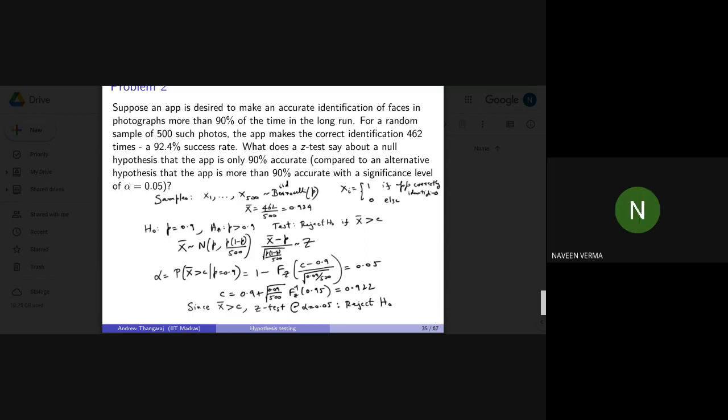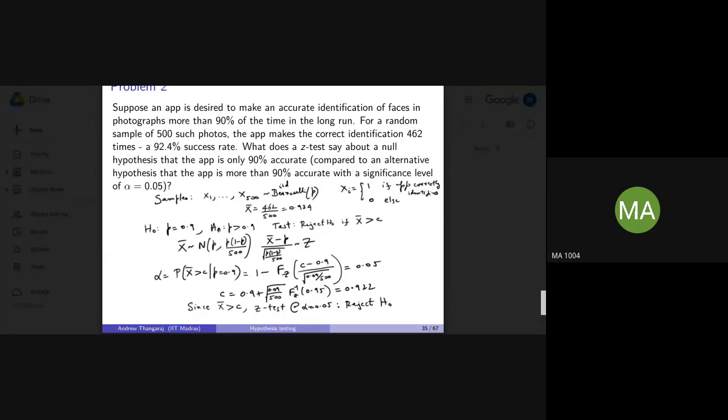Yeah, P is 0.9. And what is the alternative hypothesis? It's all explicitly mentioned here: compared to an alternative hypothesis that the app is more than 90%. Okay, so P should be greater than 0.9.